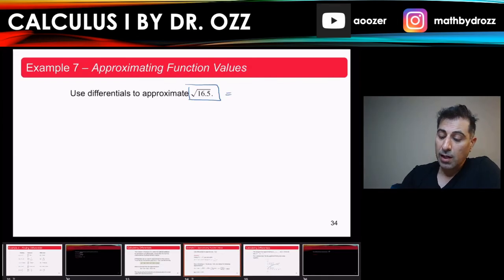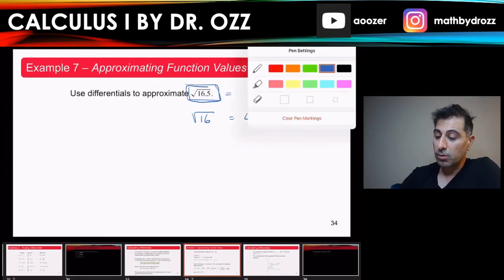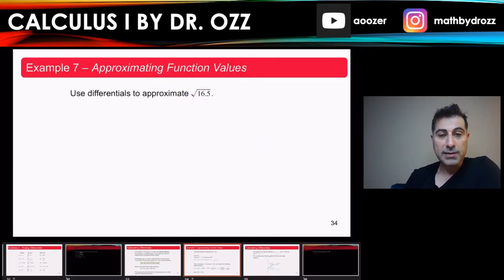If this was radical 16, then you would just write 4 as a result of this calculation, and you won't need a calculator. So the idea here is that I want to use the differentials concept to approximate the value of radical 16.5 without using a calculator. This is the goal of this example.